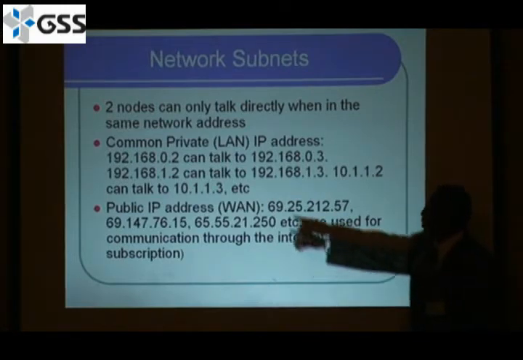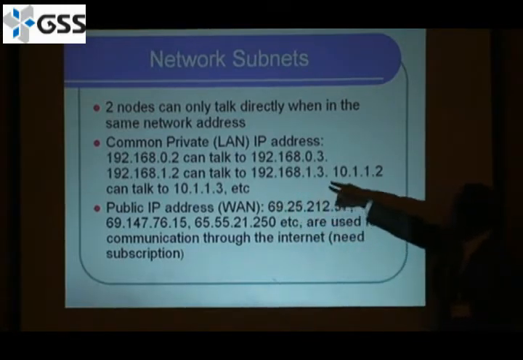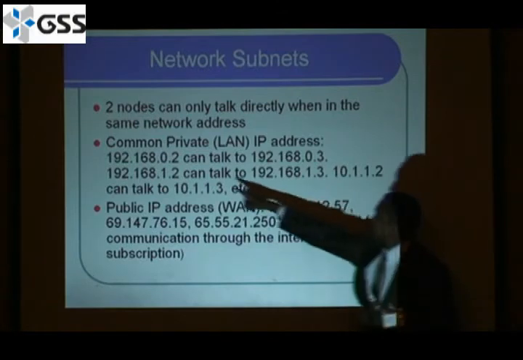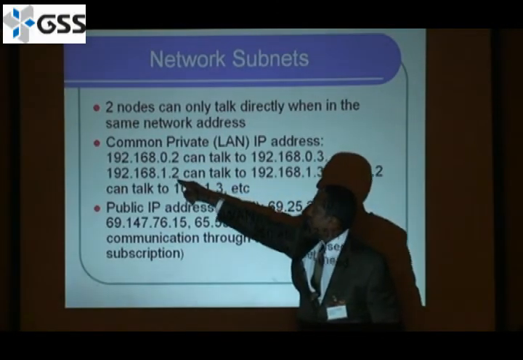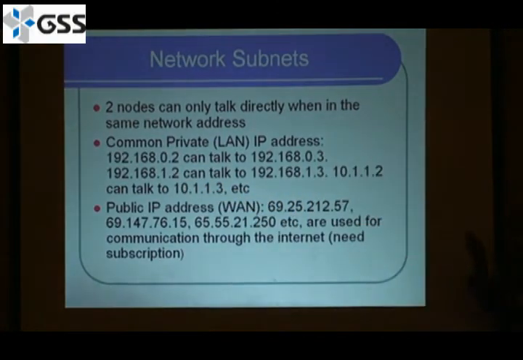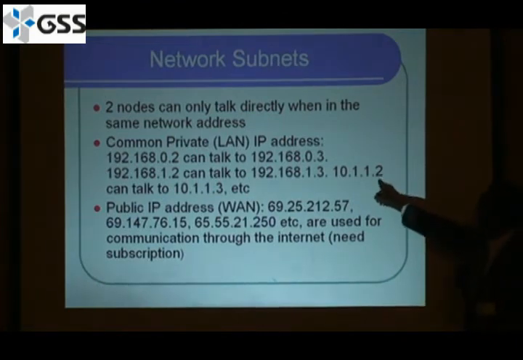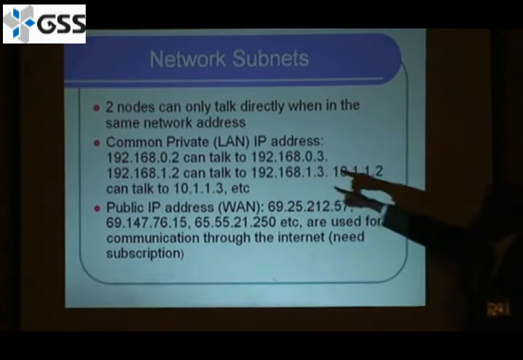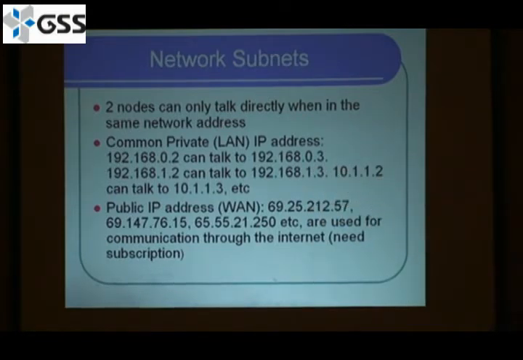And 192.168.1.2 can talk to 192.168.1.3. So this cannot directly talk to this one, because they're on two different networks. This IP address can talk to that IP address, but not to this one or to that one. I mean, unless we set up some kind of advanced routing.